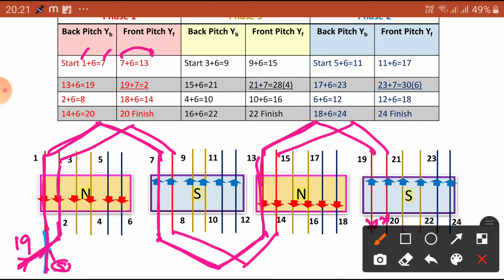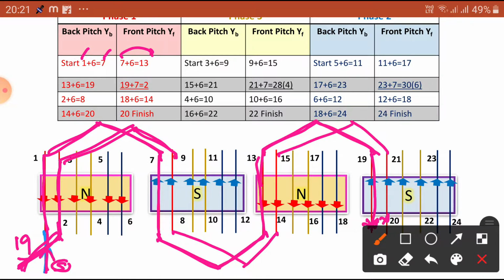Once again it is connected to the 19th by back pitch, and by front pitch 19 plus 7 we go to the second conductor. After the second, entering here, second plus 6 is the 8th conductor we entered, and 8 plus 6 is the 14th. We are going to connect the 14th. So yes, 8 plus 6 is the 14th.